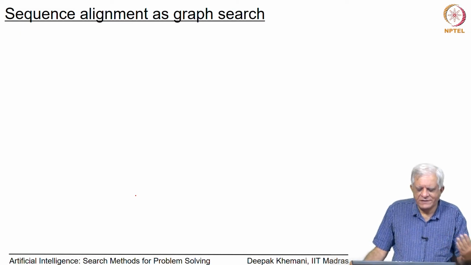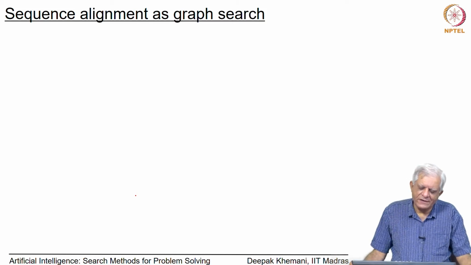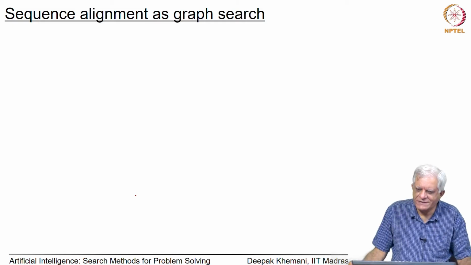So, let us say that you are taking 2 strings S1 and S2 and you want to align them, and we start looking at the first 2 characters of the 2 strings and let them be called X and Y. They could be any one of these C, A, G, T characters.